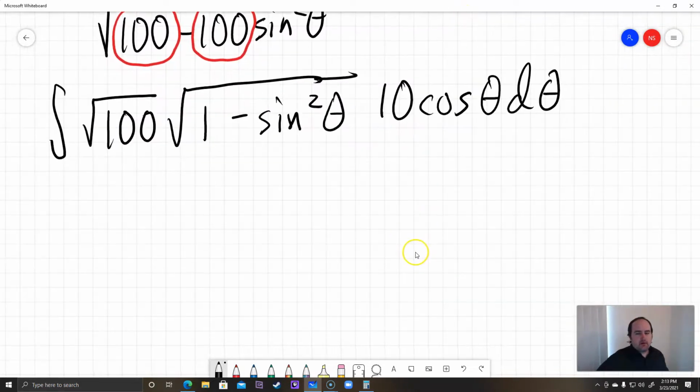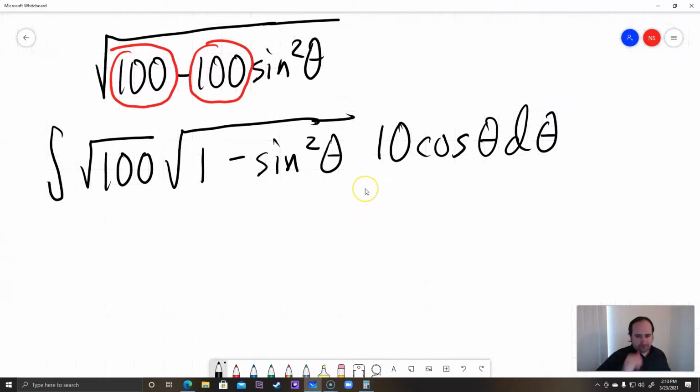Okay, and then where do we go from here? Well, square root of 100 is 10. So this right here is just 10. And then we have another 10 over here. So 10 times 10 is 100, which is a constant that we bring out front.